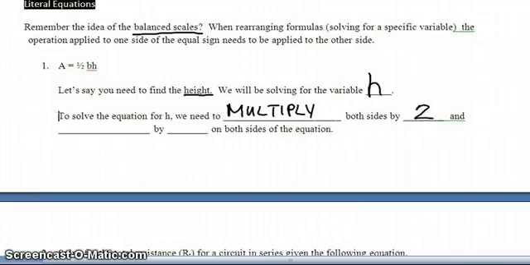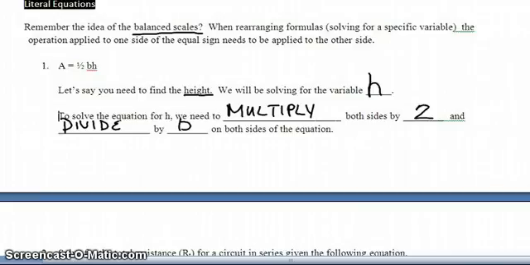That will eliminate my fraction, and I like to get rid of those fractions as early as I can to make my life as easy as possible. Then next we need to divide by b, and that will leave h standing alone on one side of the equation. Let's take a look and see what this looks like.